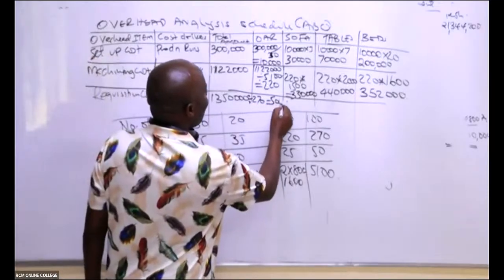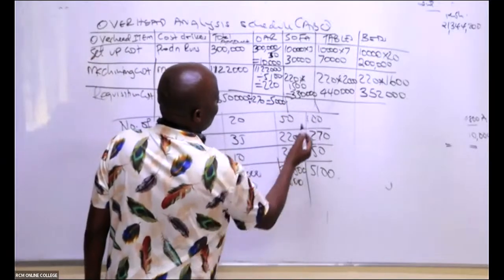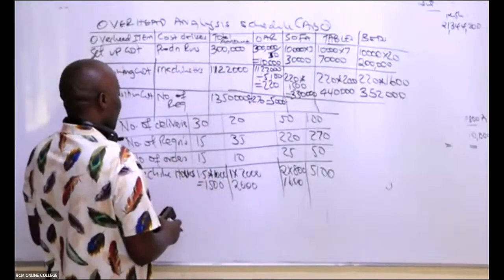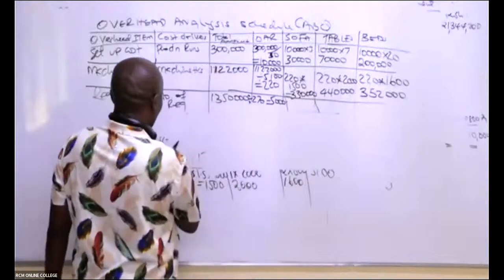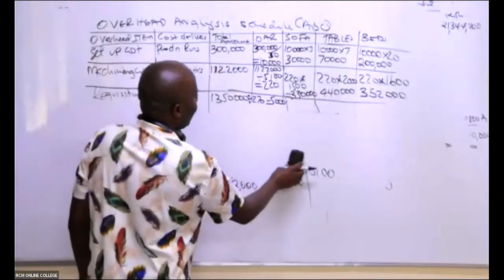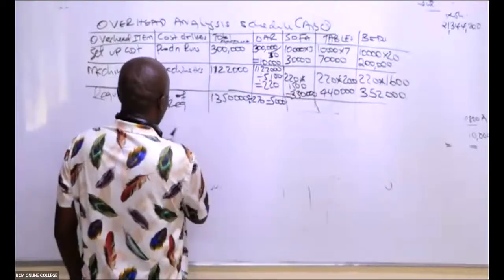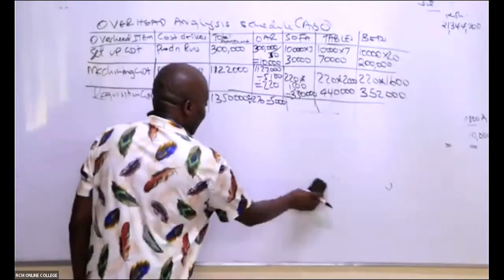So it is this 5,000 that you shall now work with. I know already you have the numbers. I have to rub my board.